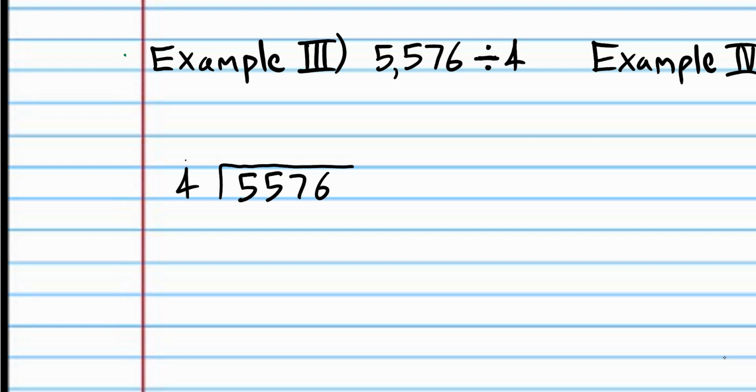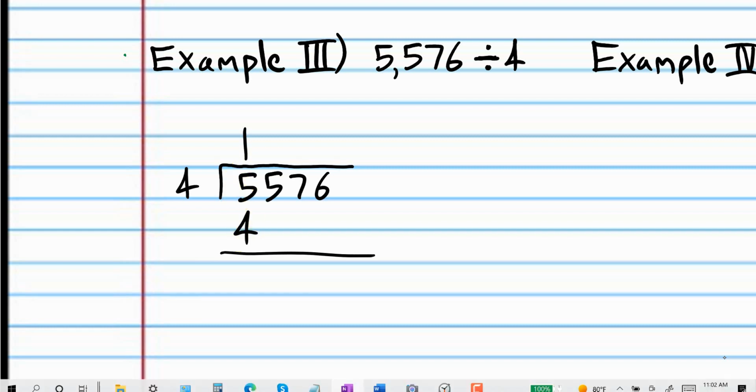So now we ask, how many times does 4 go into 5? Well, obviously it goes in one time. That's step number 1. Now we multiply 4 and 1. 4 times 1 is 4. Then we subtract. 5 minus 4 is 1. So that is cycle 1.